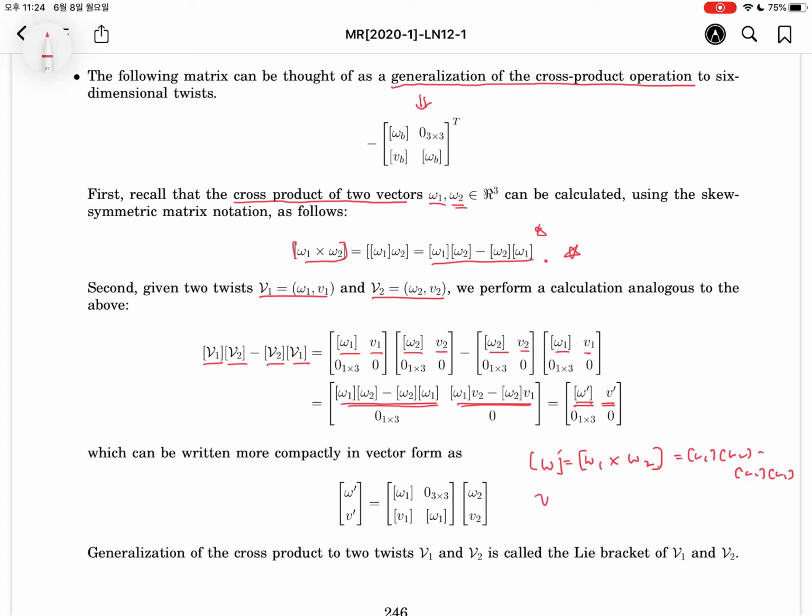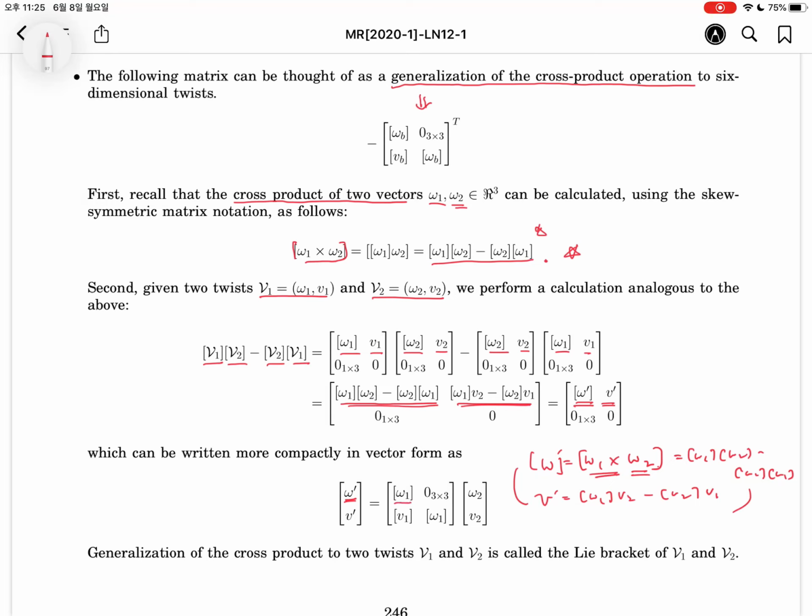One more, the V prime is the vector as a three-dimensional one. It is W1 V2 minus W2 V1. Here these two vectors can be combined into the six-dimensional vector. Okay, W prime will be equal to W1 matrix form cross product and W2.